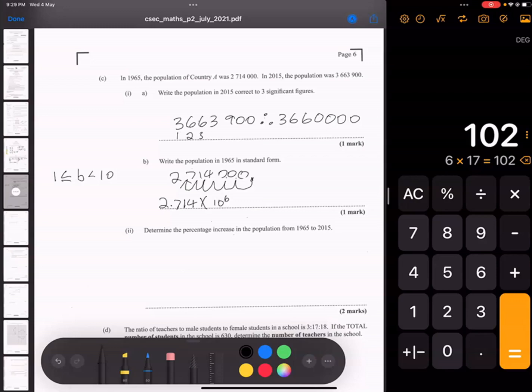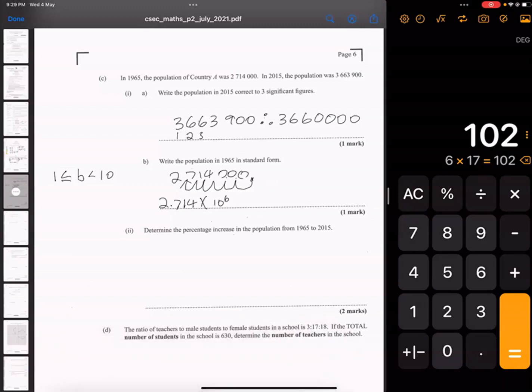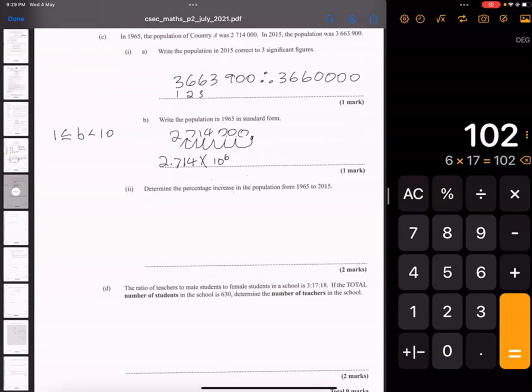Determine the percentage increase in the population from 1965 to 2015. So to simply find this percentage increase, all we need to know is exactly how much this increase is. So all we need to do first is to take away the population in 1965 from our population in 2015.